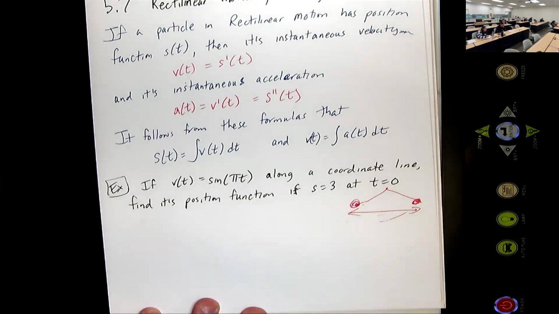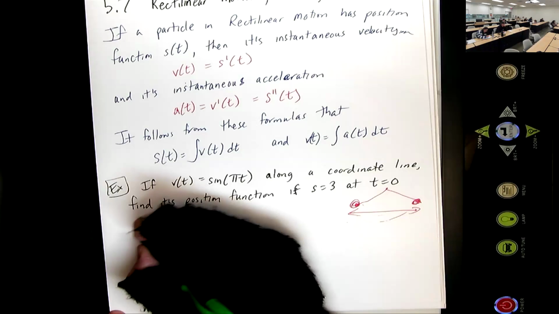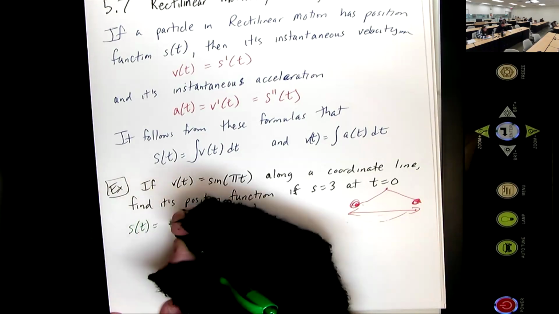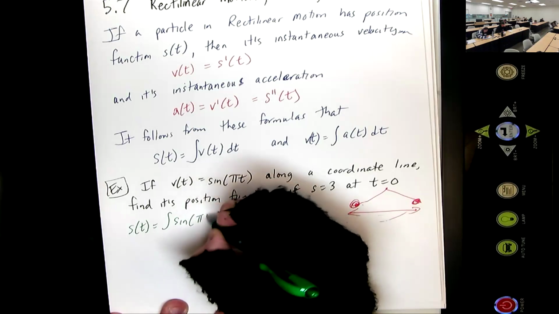Yeah, the ball is actually making a curve, but if we're just looking at horizontal position, it's a straight line. We can find that if we integrate v of t. s of t equals the integral of v of t, which is sine of pi t dt.